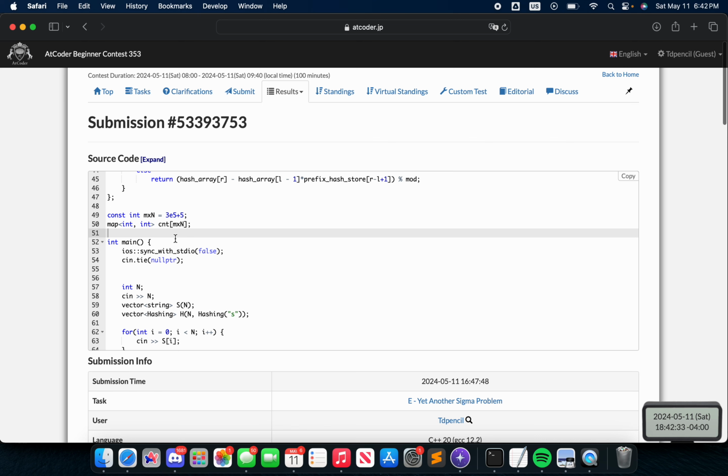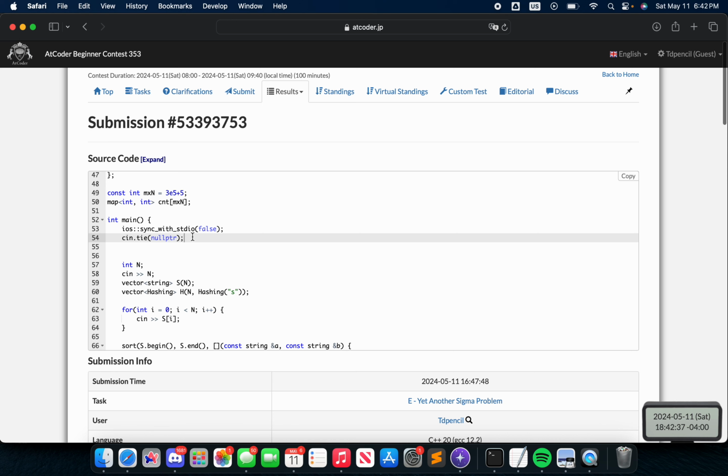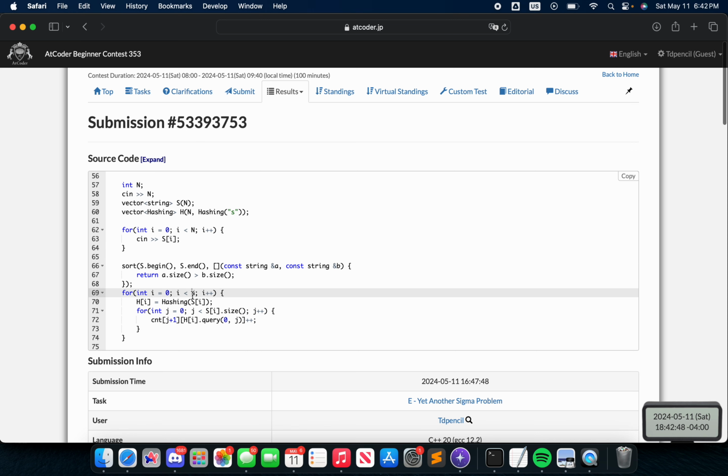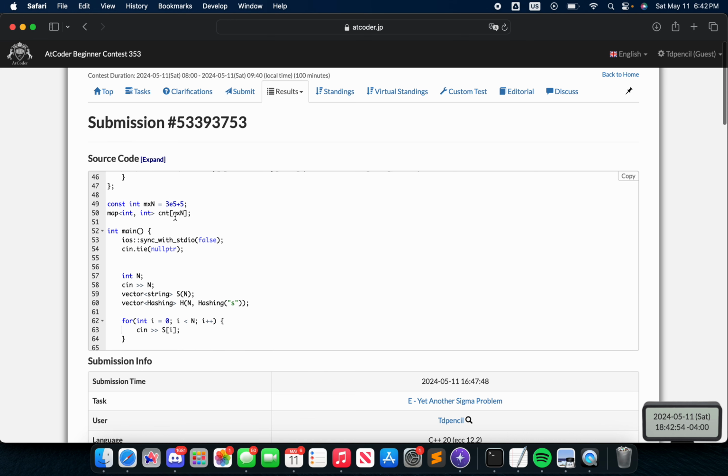So basically, you take an n, which is your length, and then you have s of n, which is your strings. And then I have my hashing array here, and I'm converting every prefix into a hash and putting that into this map right here. It has count, and that's a map of hashes given the length of the prefix.